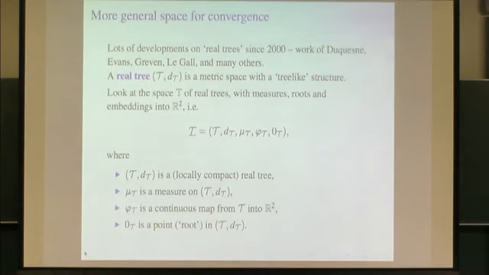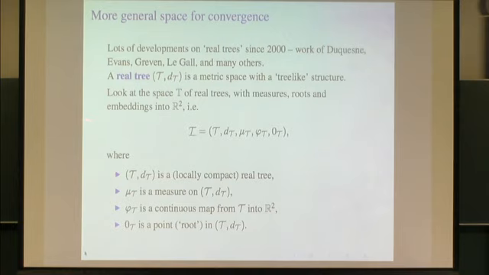And so there's been lots of development in the real trees since 2000, work of many people, Duquesne, Evans, Greven, Lagarde, and as I said, many others. And so we're going to build a better space for looking at limits of uniform spanning trees. So as I said, a real tree, I'm not going to define it. It's basically a metric space with a tree-like structure.